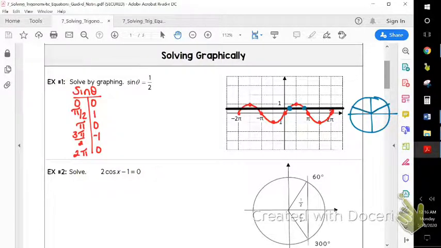In quadrant 1, sine is your y value. Y is 1/2 at pi over 6, or 30 degrees, and at 5 pi over 6, which is 150 degrees.